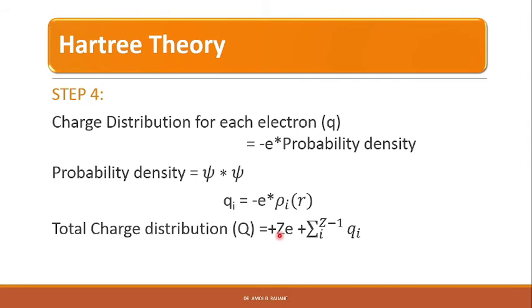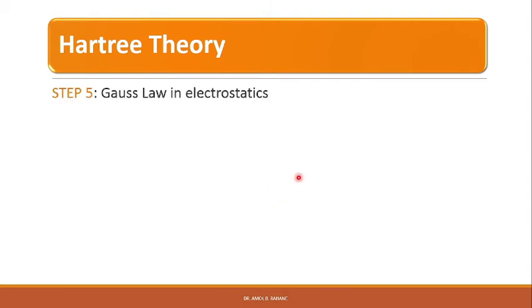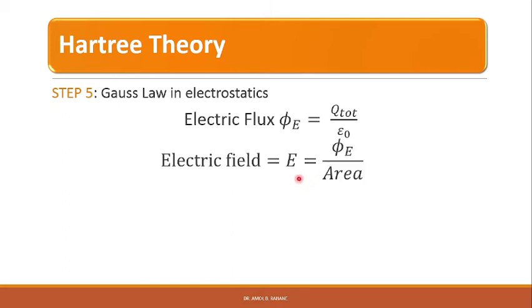So the charge distribution of the Z minus 1 representative electrons is added to the nuclear charge distribution, a point charge plus Ze at the origin, to determine the total charge distribution of the atom as seen by a typical electron, right? Now, in the next step, Gauss law of electrostatics is used to calculate the electric field produced by the total charge distribution obtained in the previous step, right?